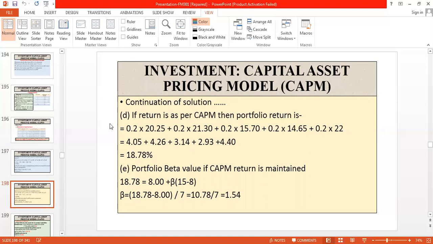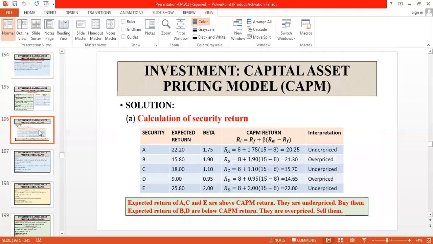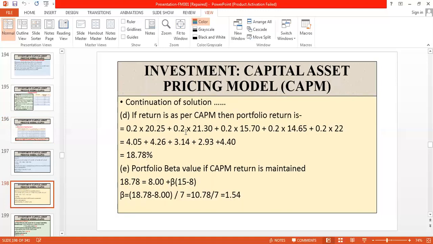So we have now considered 20.25, 21.30, etc., all of which we have obtained by applying the security market line equation in column 4. So those figures are substituted and the weight factor is as usual 0.2, then it is 18.78.